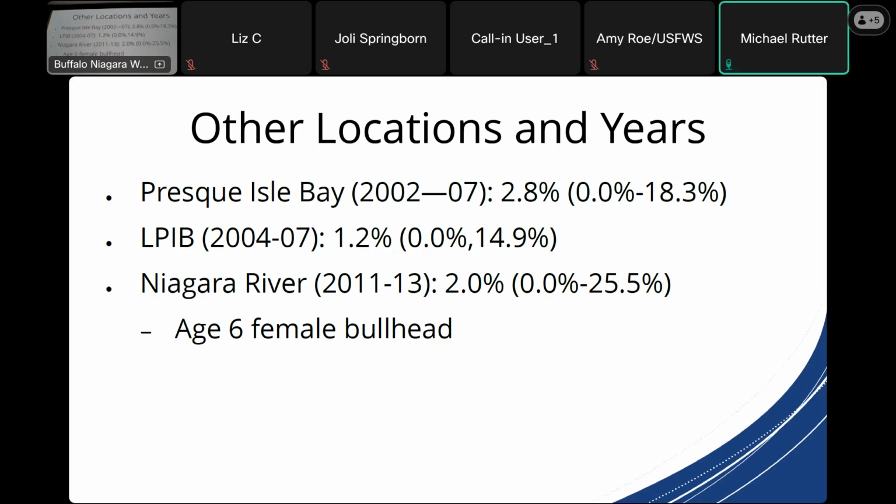We didn't see that in this one, but for the Niagara River we did. So even without the statistical analysis of doing that procedure, the data that we're seeing in the Buffalo River is very similar to what we're seeing in other locations. And obviously Presque Isle Bay has been delisted. So that's another strong signal that perhaps that BUI should be delisted.